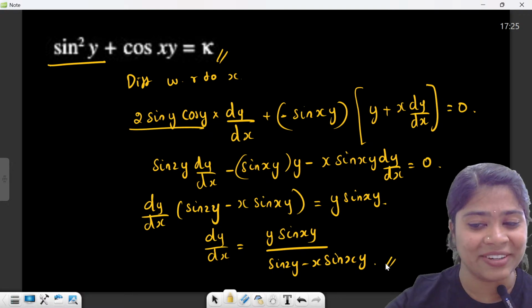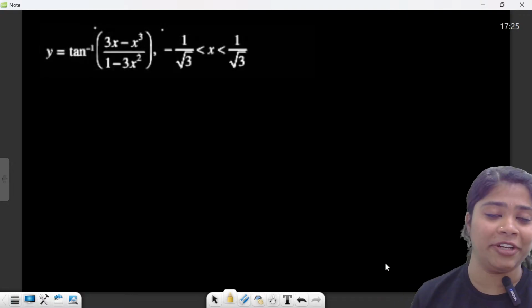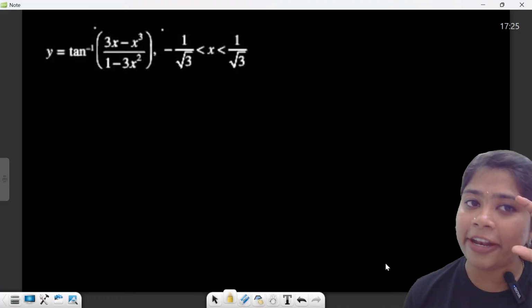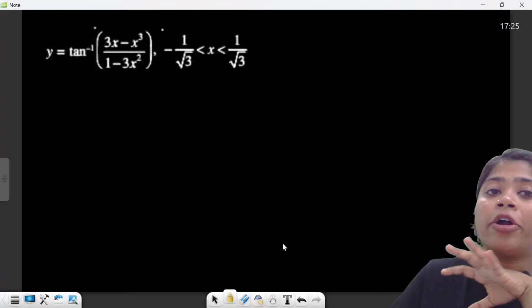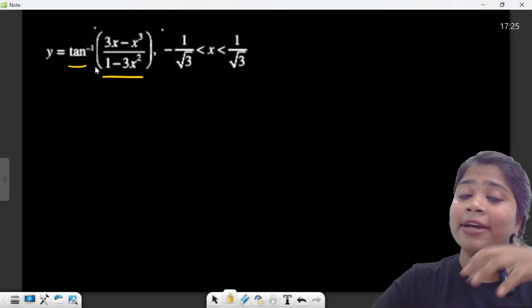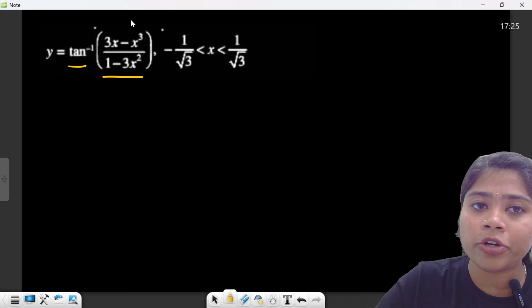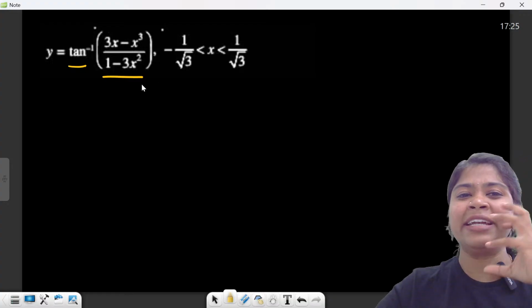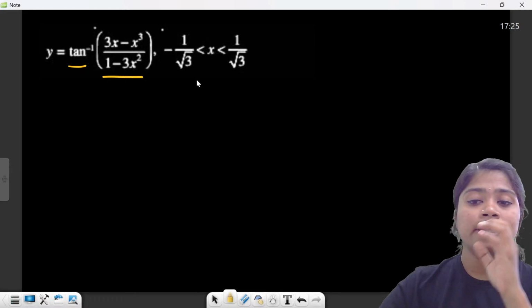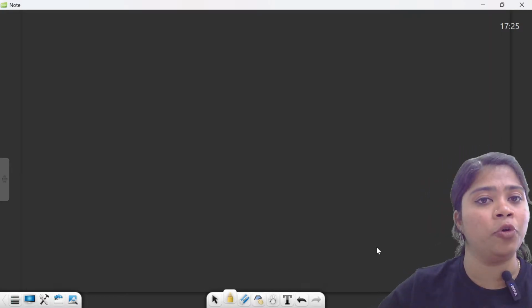Try to understand. Okay, so here is the next question. Whenever you have an inverse function, you want to write this expression in terms of tan or some trigonometric ratios. Before that, I just want to give you an idea.